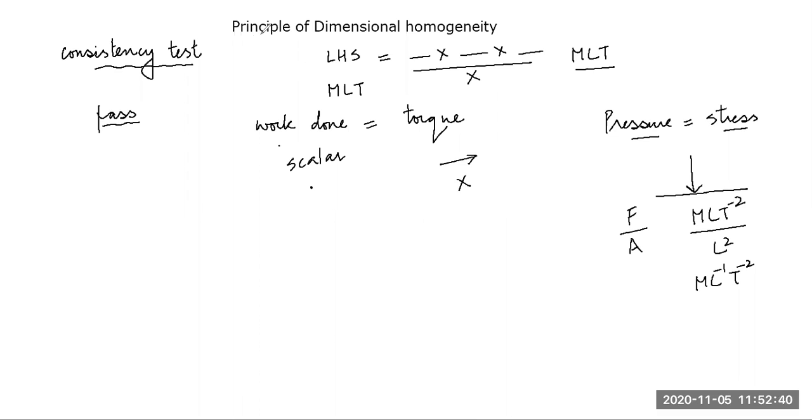But still, the principle of dimensional homogeneity helps. If some given equation is there, maybe one of the indices written is wrong, then the principle of dimensional homogeneity can really help us to correct that index. Or it can also help us to derive a formula, though not completely, but partially.